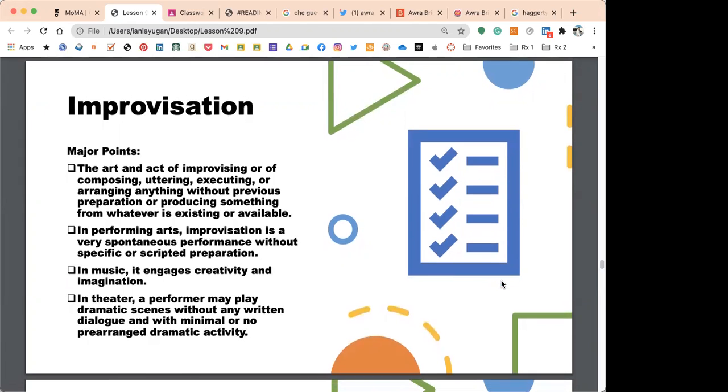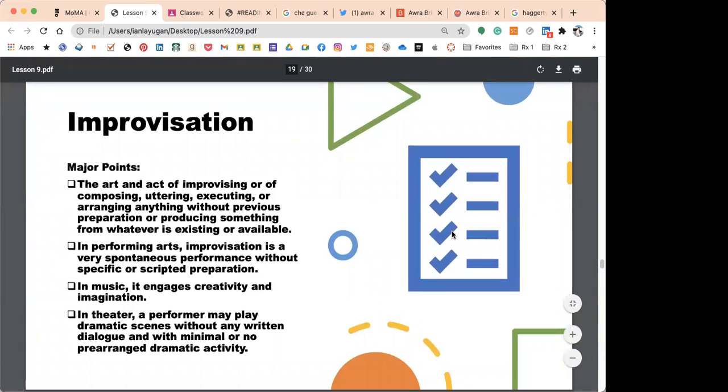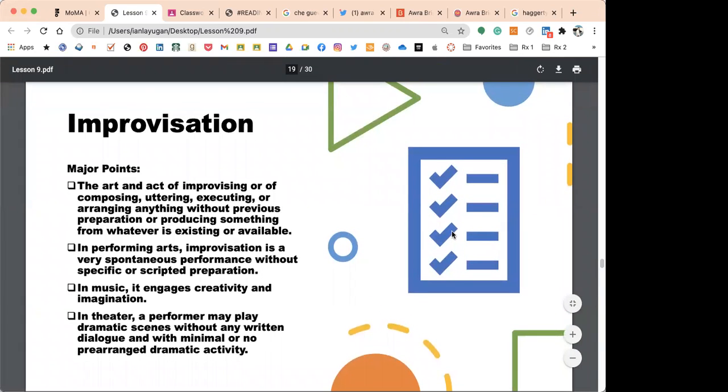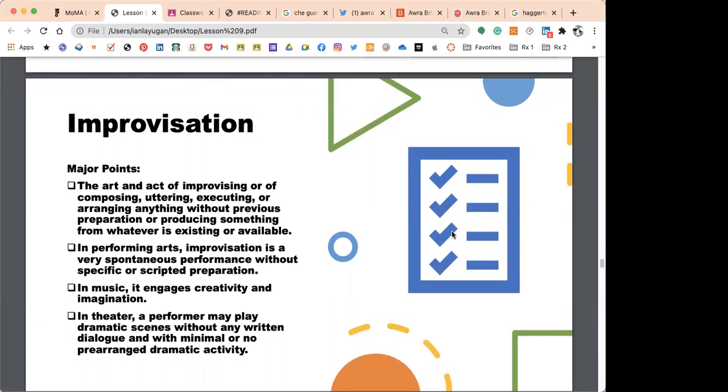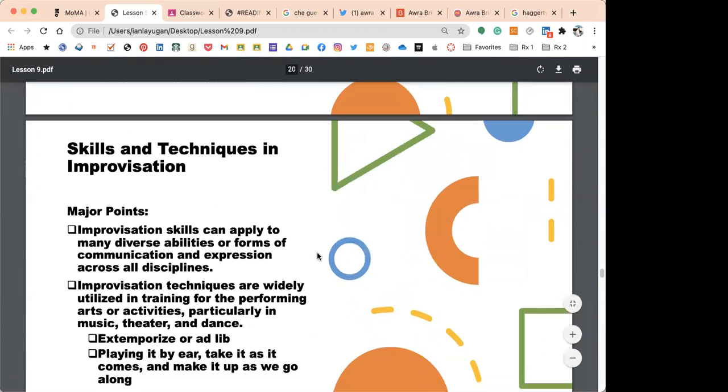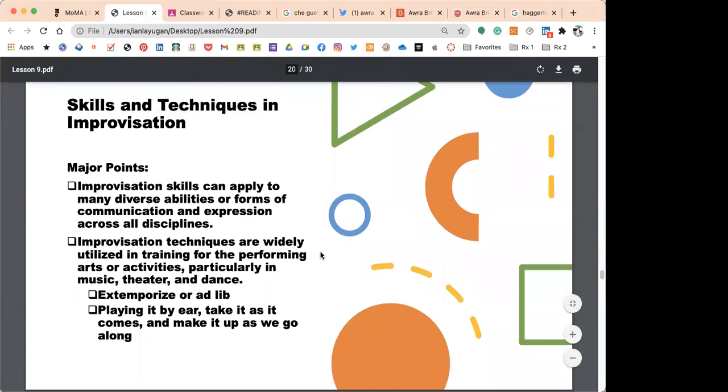For example, improvisations are small details that can create more value or more meaning in a work. When you're in the studio and you're singing, mag-improvise ka, you do something that's out of the script or out of what is expected. So it just comes out of the blue.